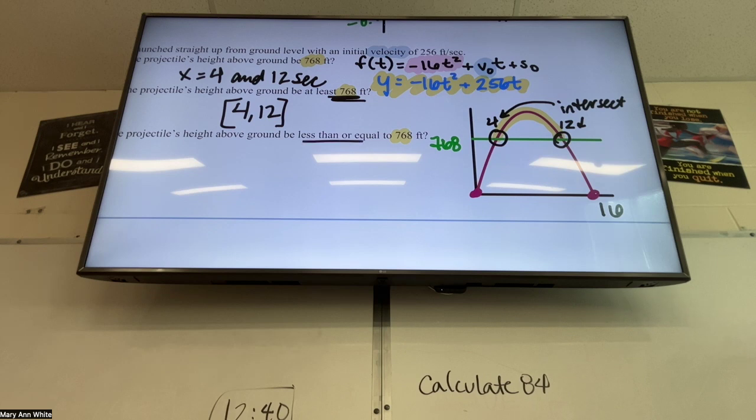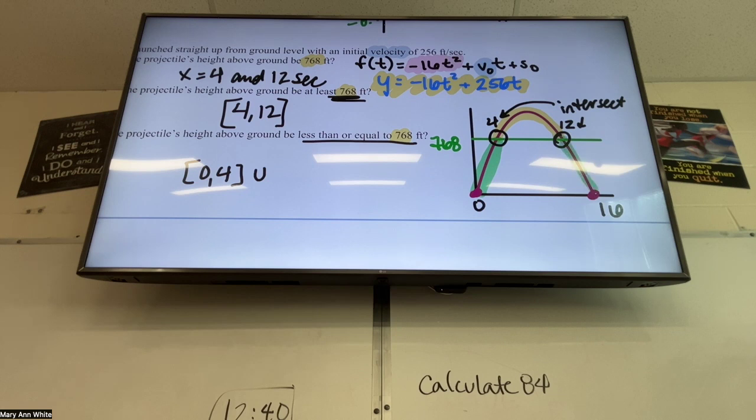Now, when will it be less than or equal to? I see two intervals here. From what to what? Negative... good, but we don't do negative infinity in terms of time. 0. And we can do brackets then because it's or equal to.